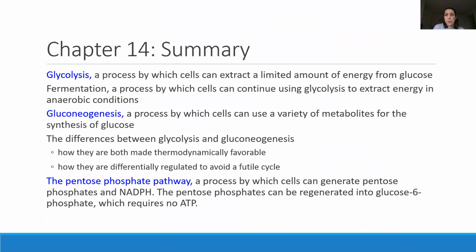Okay, so the summary for all of chapter 14. We started with talking about glycolysis. This is, of course, the process in which we break down glucose, our catabolic process, and fermentation, a process connected to glycolysis, which can continue glycolysis by energy extraction during anaerobic conditions.